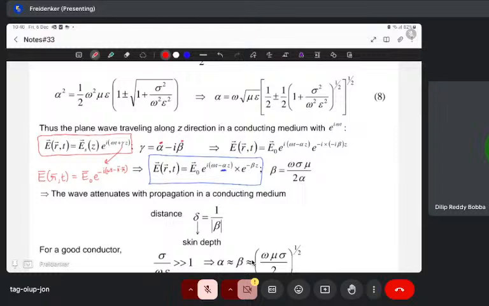So the changed equation is this one. This is the new equation. I told you here plus or minus shouldn't matter, but we will be taking minus. It's just sign convention, time dependence. We discussed this in the previous class.